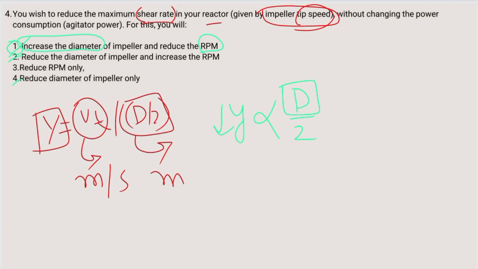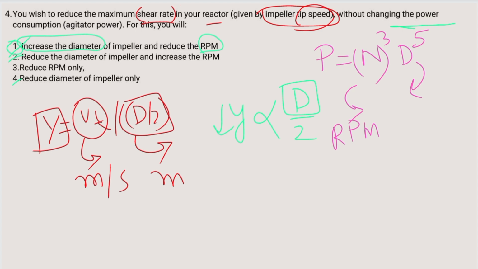Now you have to know another equation that shows the relation between the power and the RPM of the impeller. This is the power consumed by the impeller, and it is proportional to N to the power 3 and D to the power 5, where N is the impeller speed, which you will take as the RPM, and D is the diameter of the impeller.